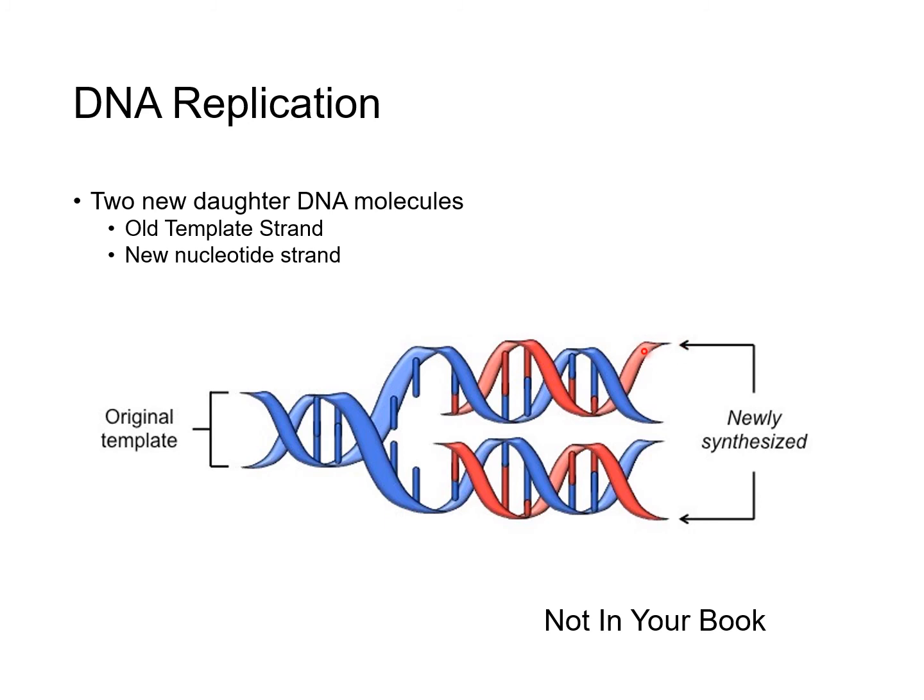Notice that each new DNA molecule consists of one of the original strands, shown here in blue, and one of the new nucleotide strands, shown in red. Because each newly synthesized DNA molecule consists of one old template strand and one new nucleotide strand, DNA replication is also referred to as semi-conservative replication.